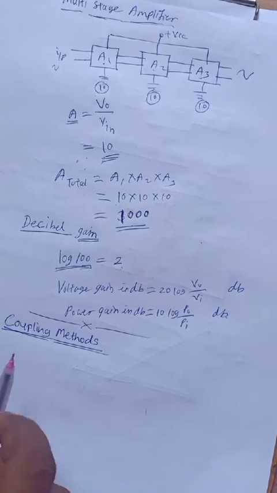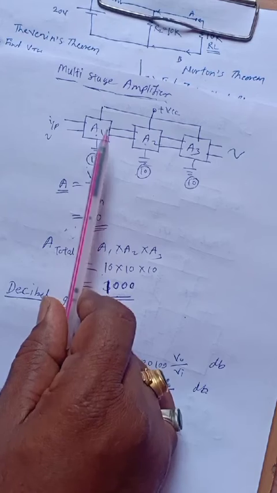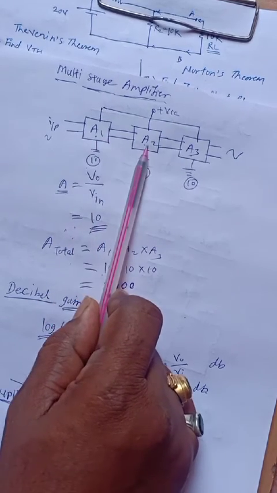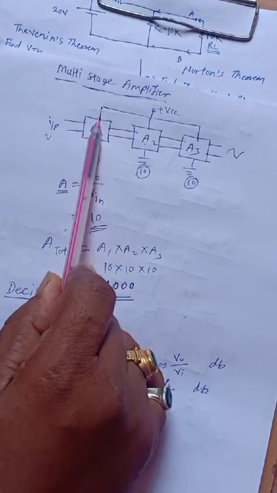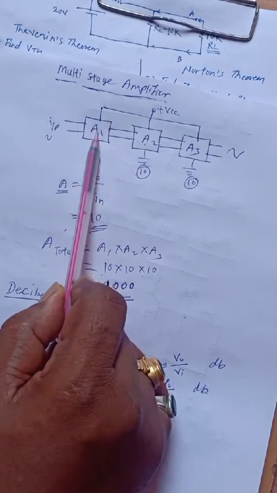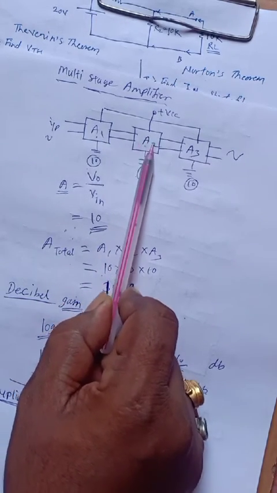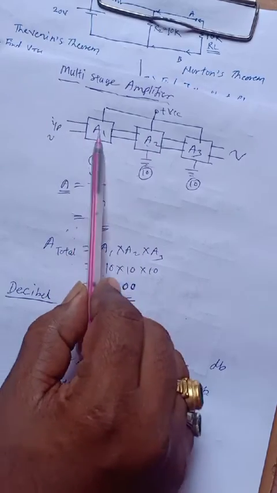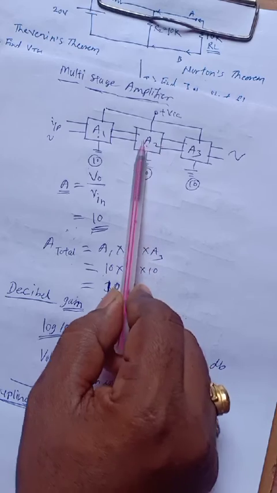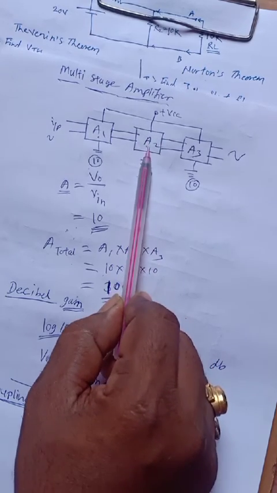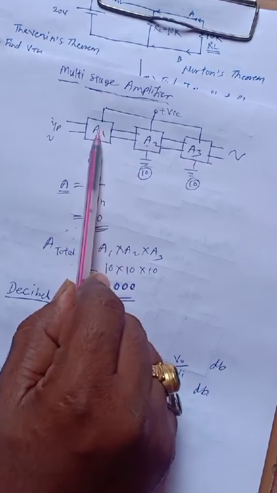Now we are going to see the coupling methods. What does coupling method mean? We cannot directly connect the output of the first amplifier to the input of the second amplifier, because if you connect directly, the current from A1 will disturb the DC condition of A2. The DC current cannot directly flow from A1 to A2.